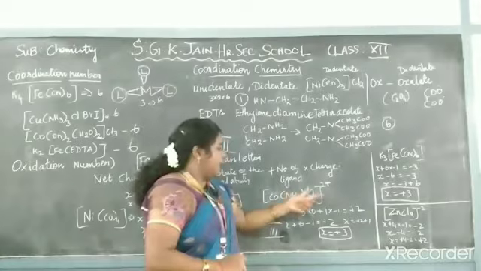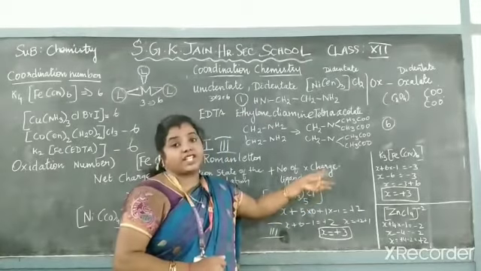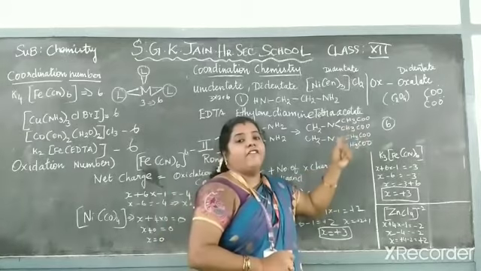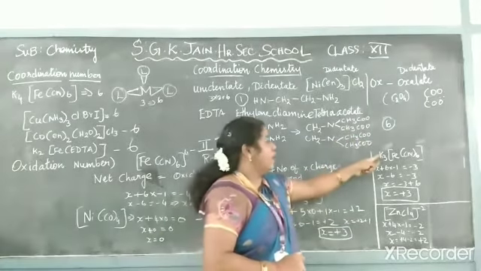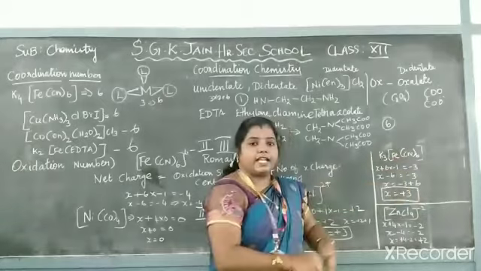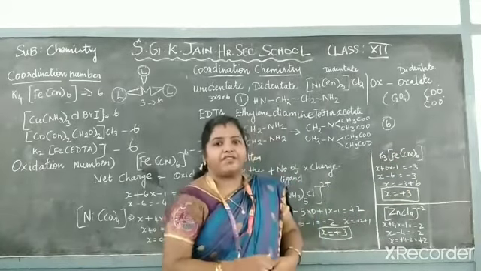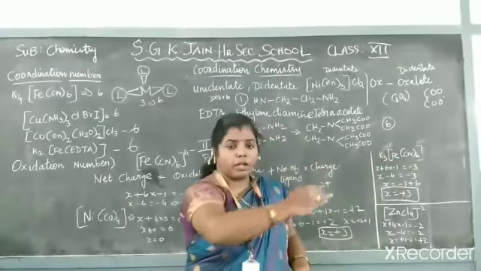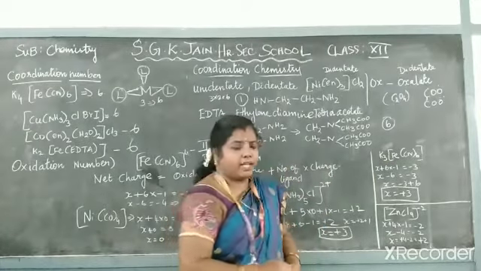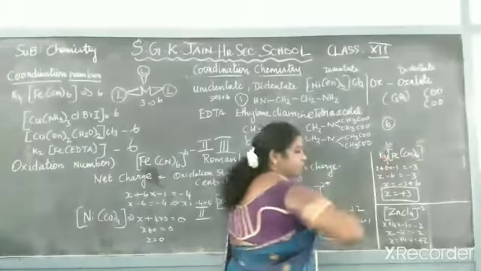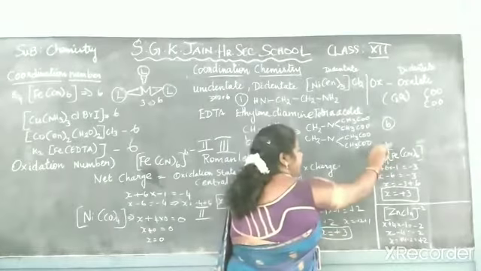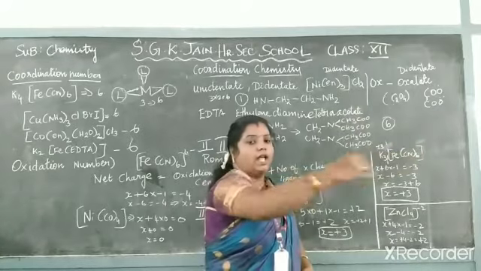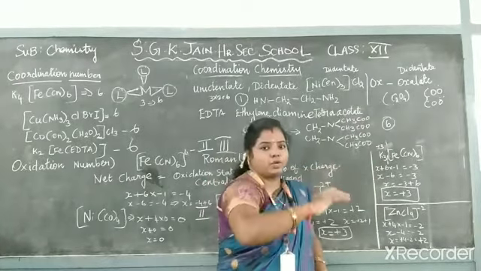So let's see, here the net charge has been given, but in a few cases the net charge is not given. In those cases what do we have to do? K3[Fe(CN)6], here the charge is not given. We have to find the charge. How? If the complex undergoes dissociation, how will it be? K3 plus, if it is plus, then the other part must be minus, so that overall it is neutral.